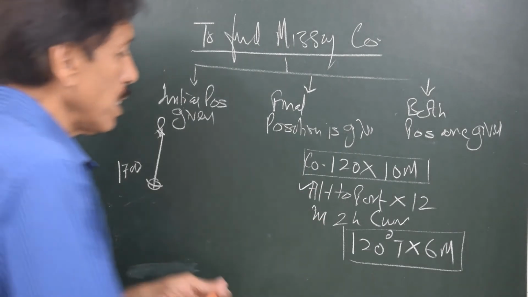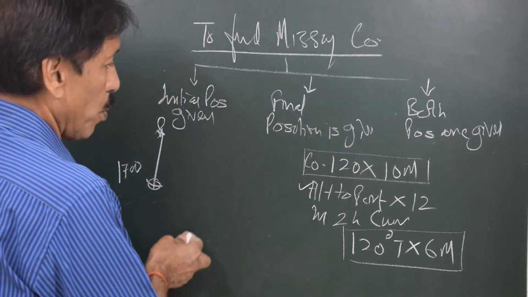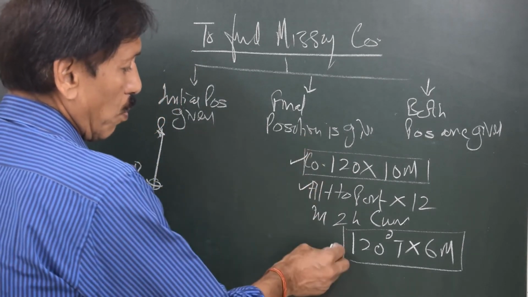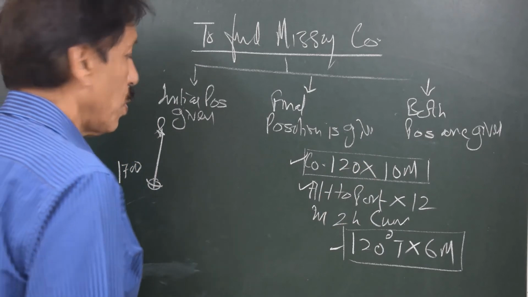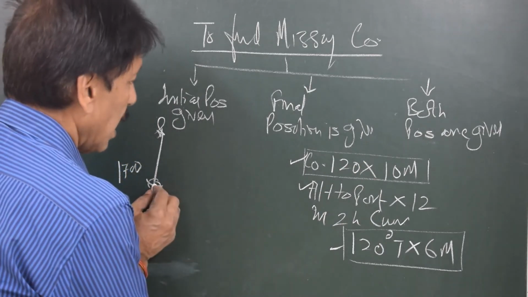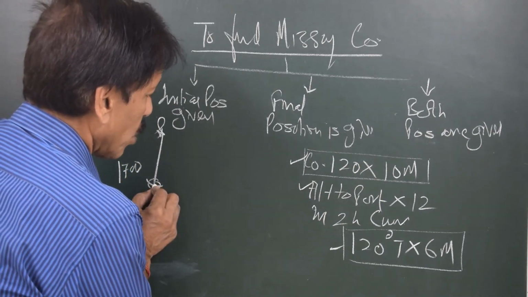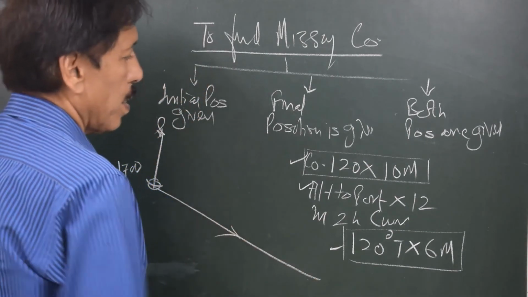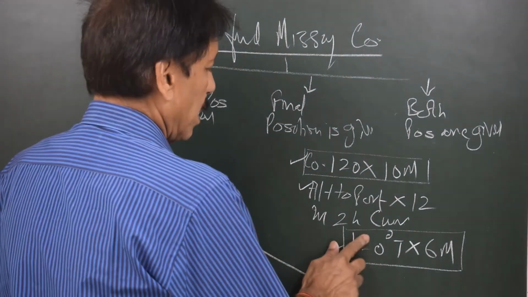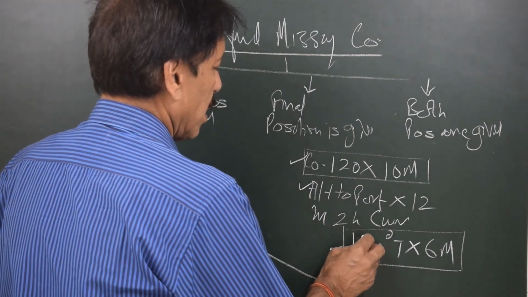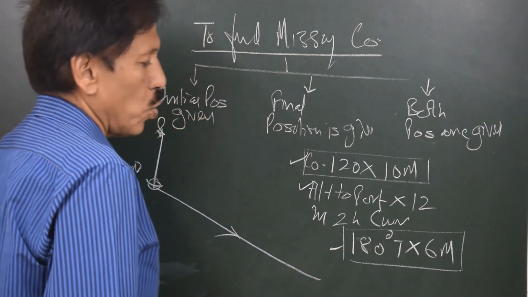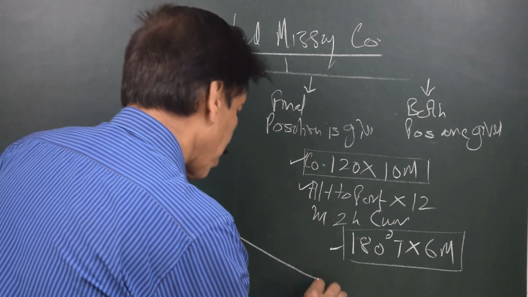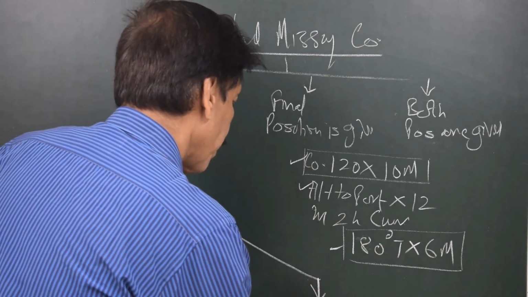So all the known things can be placed here. For example, you could put this course here, and you could put this set and drift over here, whatever you want. Let us say we put this segment 120 into 10 miles, and then let's take the current as 180 degrees true into 6 miles. So we can put that current segment also over here.